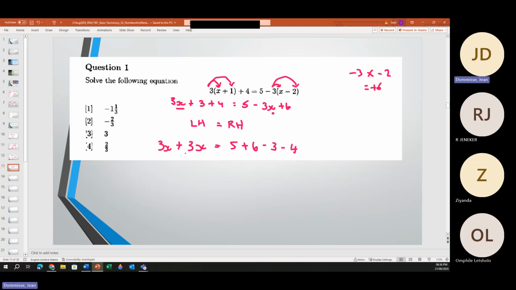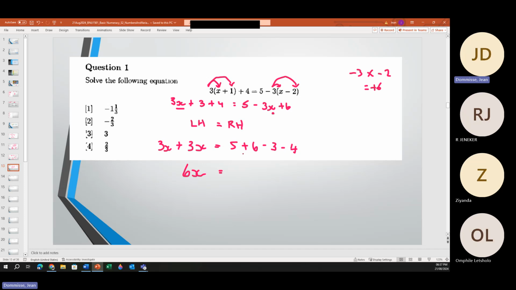Then we can look at it and say, okay, 3x plus 3x is 6x. And then on the right-hand side, 5 plus 6, and you can use your calculator here.